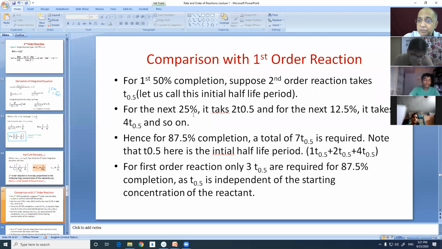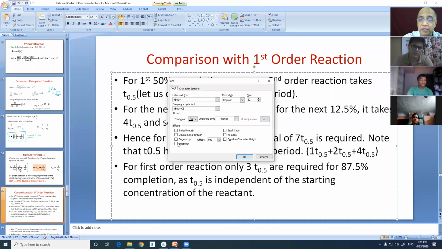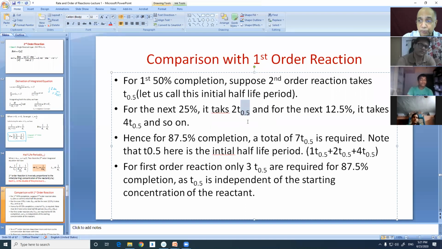For the next 25%, 2 T.5 will be required. The T.5 is the initial half-life period. And for the next 12.5%, 4 T.5 required. So for the 87.5% completion, 7 half-life periods are required. But for a first order reaction, only 3 half-life periods are required.